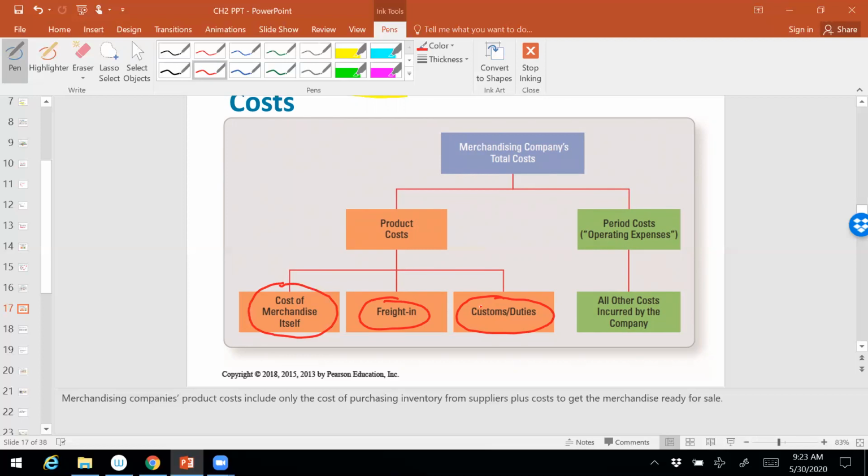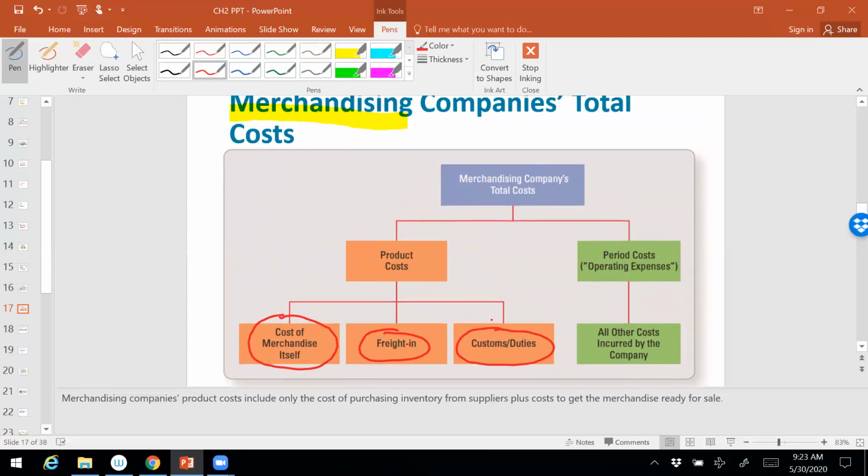So for a merchandising company, three types of product cost: the cost of merchandise itself, the freight-in cost, and then the duty or the tax or customs. All the other costs incurred in the company, like R&D and marketing, will be period cost. So this is our merchandising company's total cost.